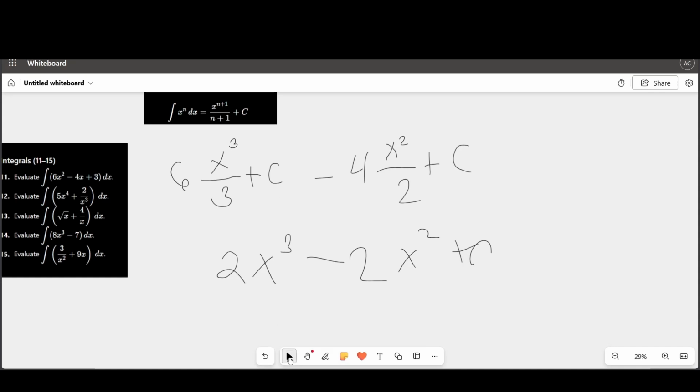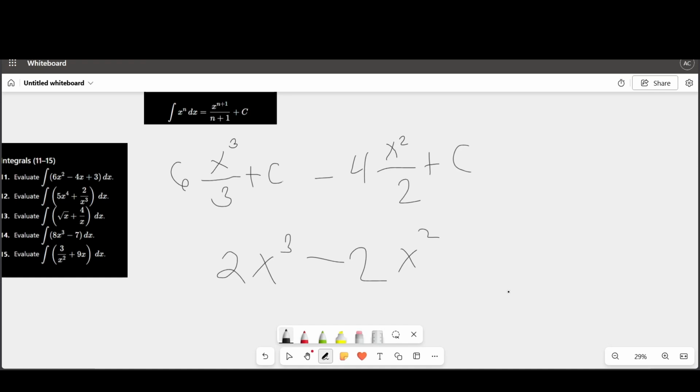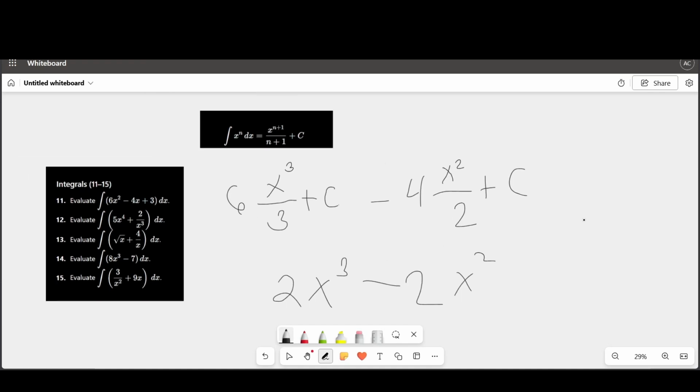Why is it 3x? The reason why there's a 3x in the final answer here is because you also have to integrate the 3. Oh, why is there an x on the 3?